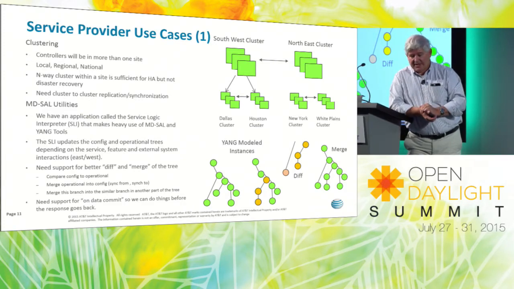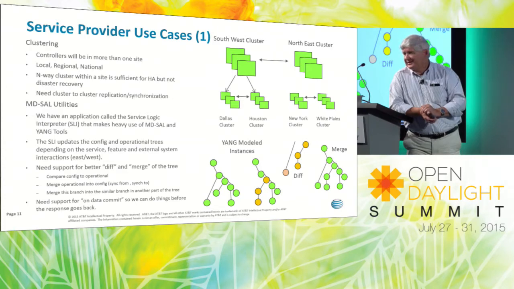But there are some things that are missing that we would need in dealing with the Yang tools that are out there. As I've mentioned before, we have an application called a Service Logic Interpreter that allows service designers in a non-coding environment to create the paradigms and the decision trees for filling out those Yang models.